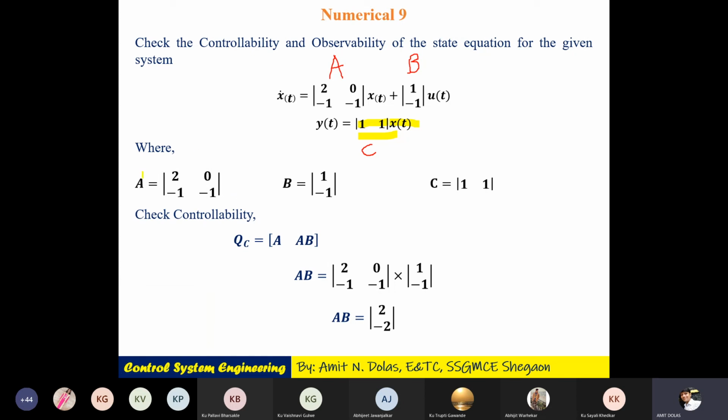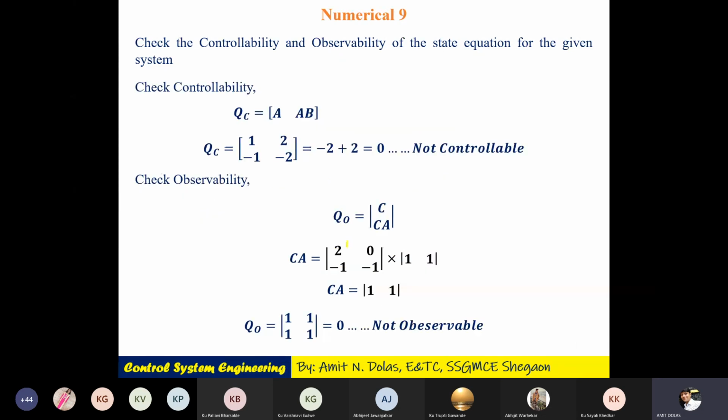Now A is taken, B is taken, C is taken. Check for controllability. Very easy. In this we need B and AB. So we multiply A with B, and we get 2 by 2 minus 2. These are the terms. Put those there.